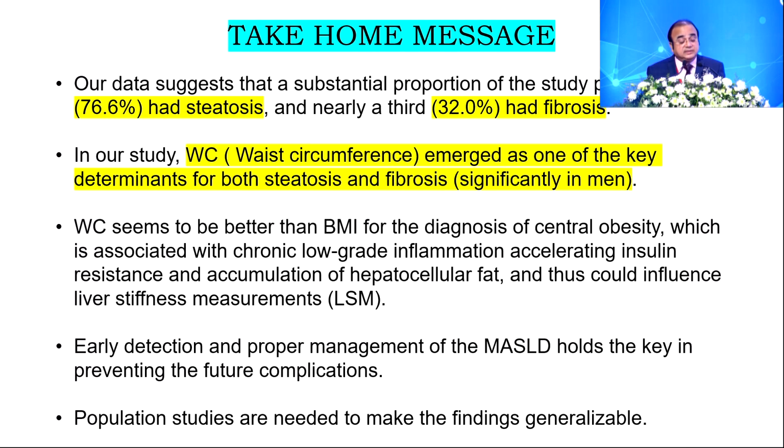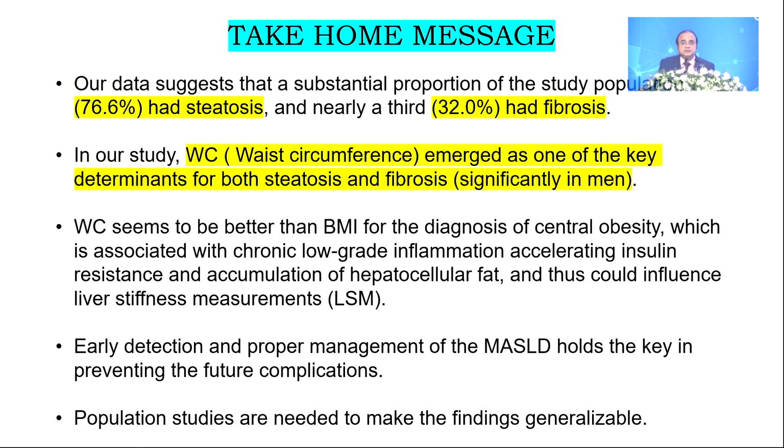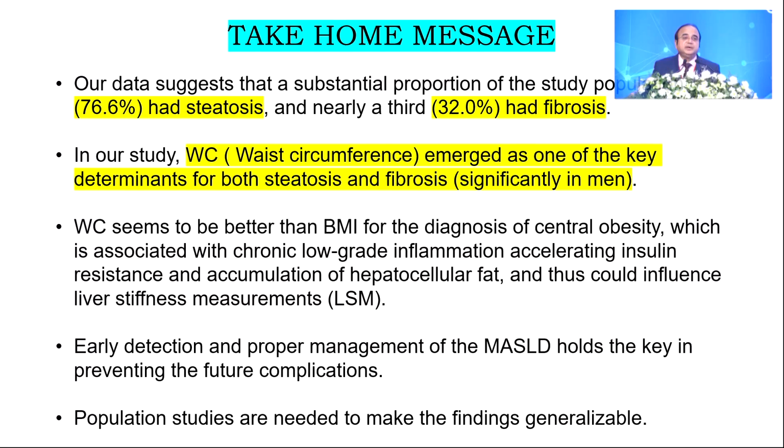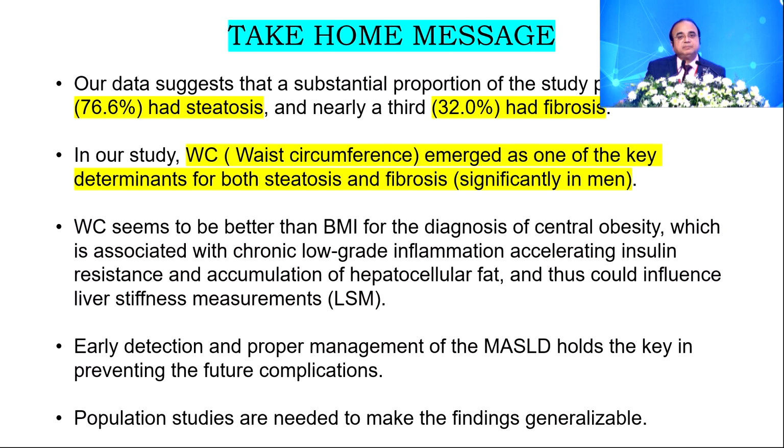Population studies are needed to make the findings generalizable. We should do a well funded study where we can look at the normal population, not only type 2 diabetic subjects, to look at this particular MASLD and its consequences, thinking of it as a generalized systemic disorder.